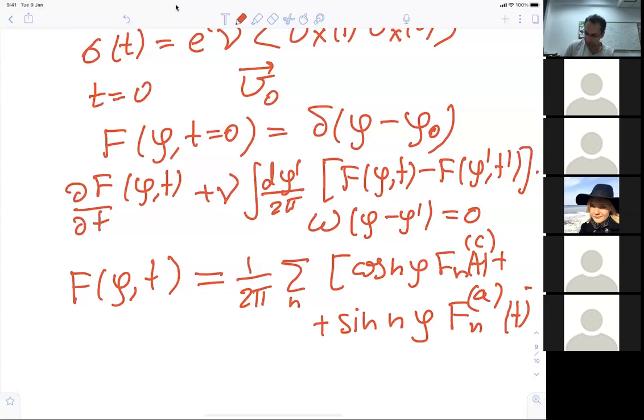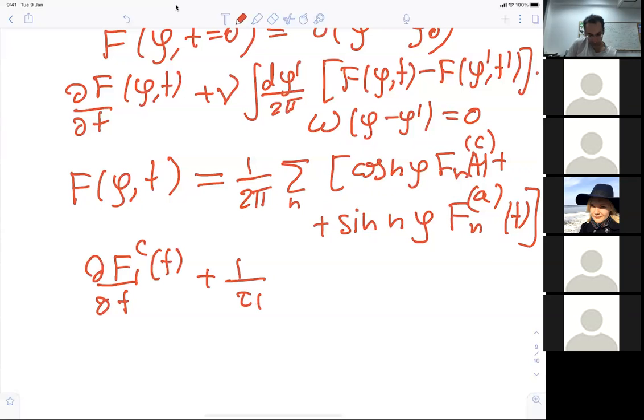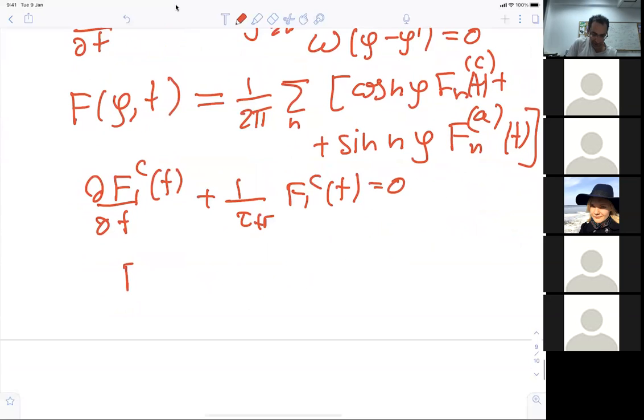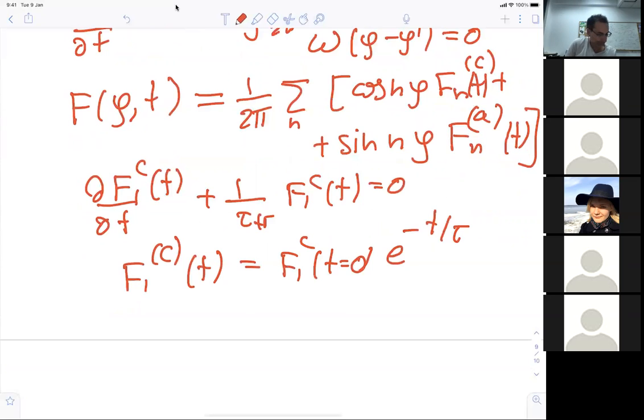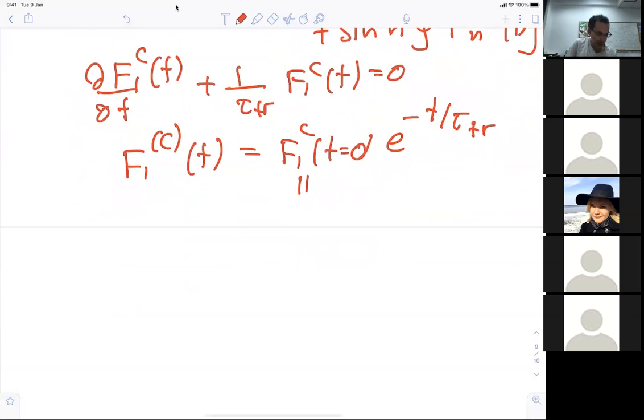These are functions of time. I plug this back into the equation and I get that the lowest harmonics satisfy the same equation we have already seen, which means that f 1 as a function of time is equal to f 1 at t equals 0 times e to the minus t over tau transport. And this initial value is just cosine phi 0.